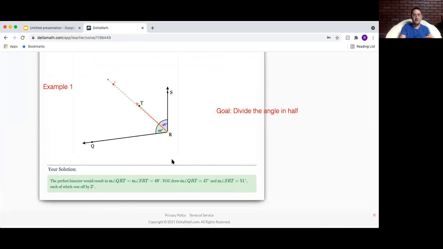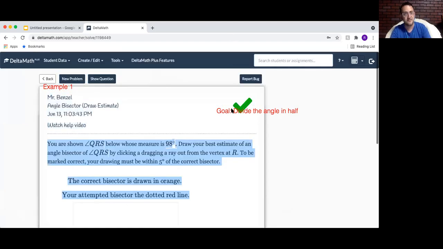I can see here that a perfect bisector would get 49 degrees, and what I drew, I was off by maybe 2 degrees. So you could see my line versus the dotted line. So I almost drew a perfect bisector. Bisectors are best learned by doing.